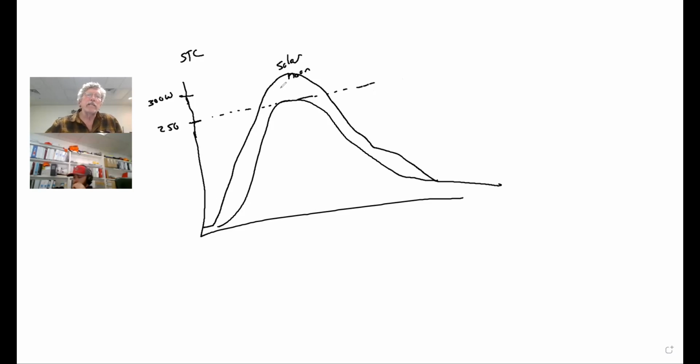But on a standard test condition day, this bit of power here will be clipped. It will be cut off, because you're only able to generate 250 even though the panel is generating 300. But you'll see the shoulders here, all this extra power being generated with the bigger panel, will be greater than what's lost.